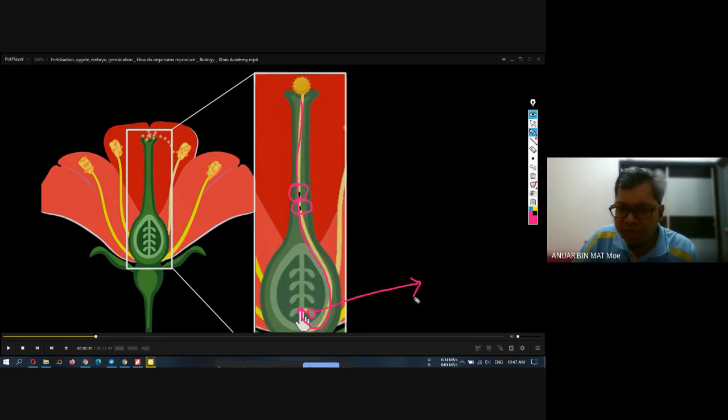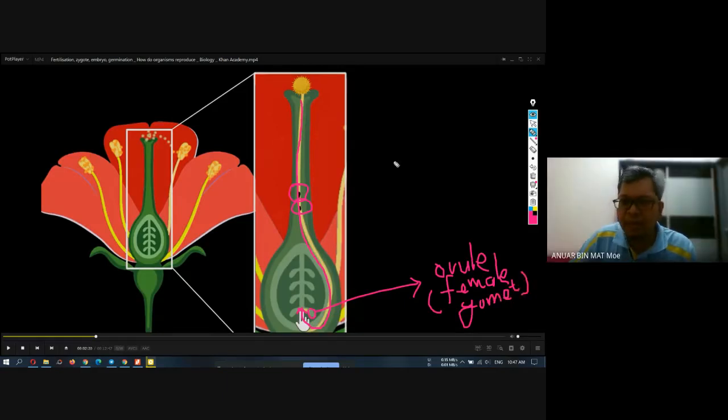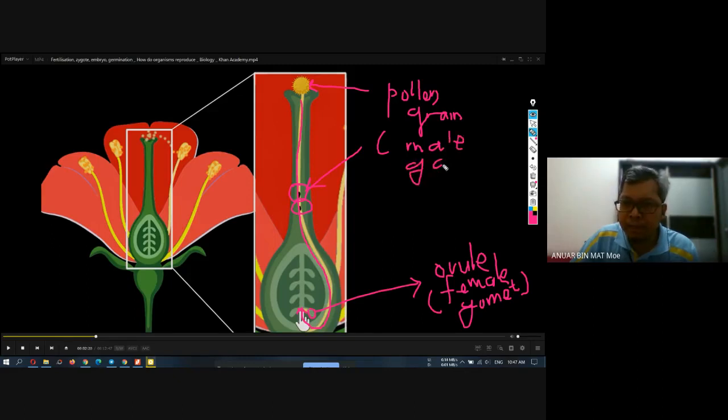Ovule, O-V-U-L-E, is the female gamete. This one is pollen grain. Pollen grain is the male gamete.